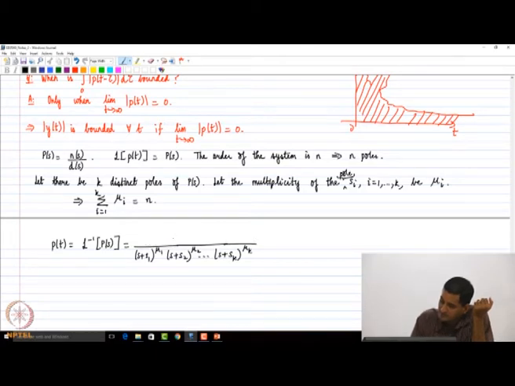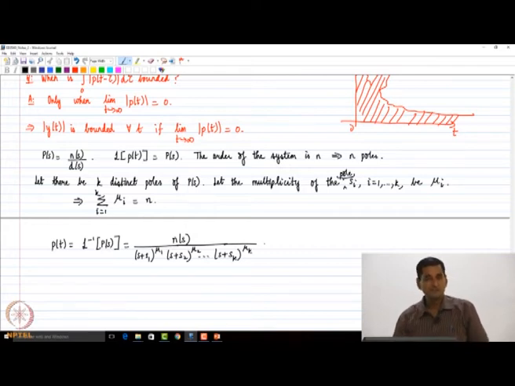So that's how this is going to come out. So that's how I can split the denominator polynomial. I can factorize the denominator polynomial.